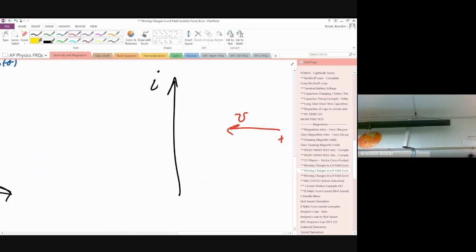Thoughts, Aiden? I think if we're making this the current and this the velocity, then it's going to go all the way to the right. But I think it's going to loop back around instead of go left. I'm looking for the force here. Oh, force. I want the force on that charged particle. I want the force on that positive charge.